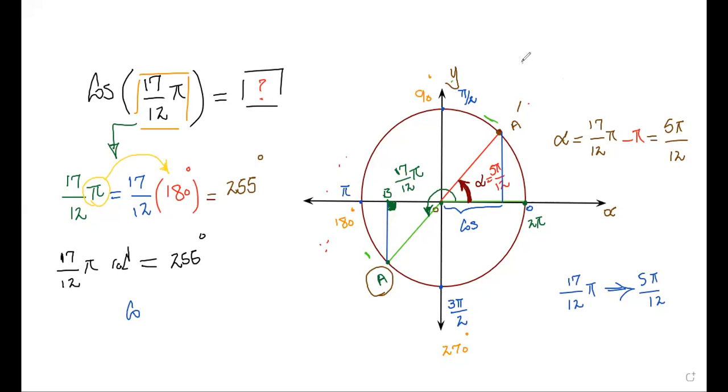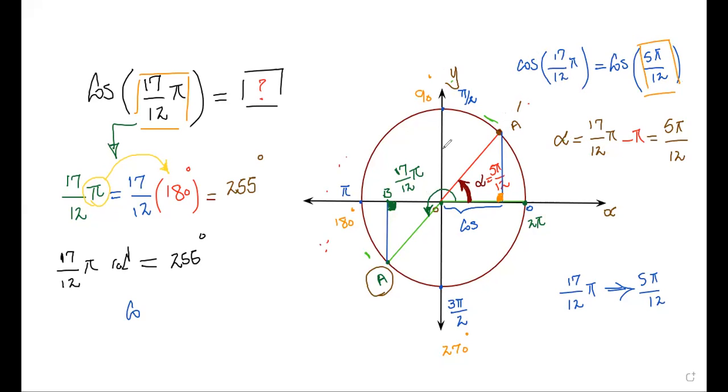Now instead of saying, for example, define the cosine of 17 over 12 pi, now I smashed it and broke it into 5 pi over 12. Then these two cosine are the same. Then instead of finding the cosine of 17 over 12 of pi, I'm just going to find the cosine of 5 pi over 12, which is this angle, and it's represented by this projection.